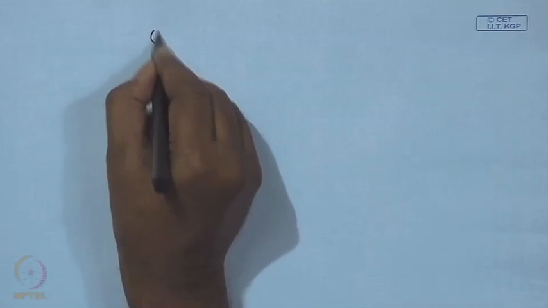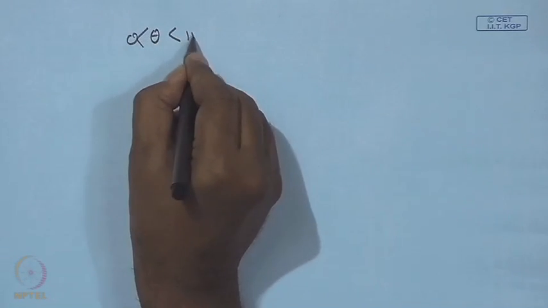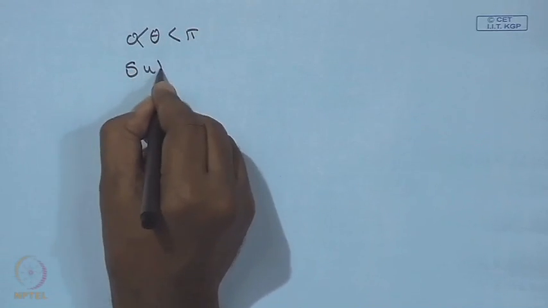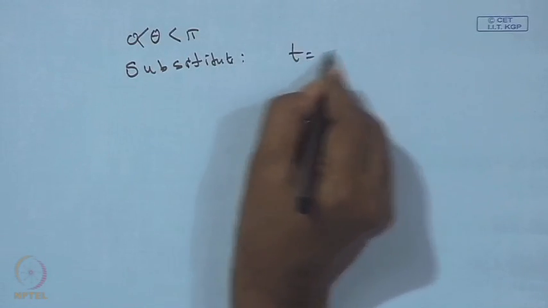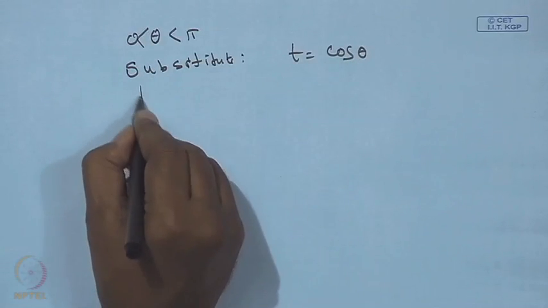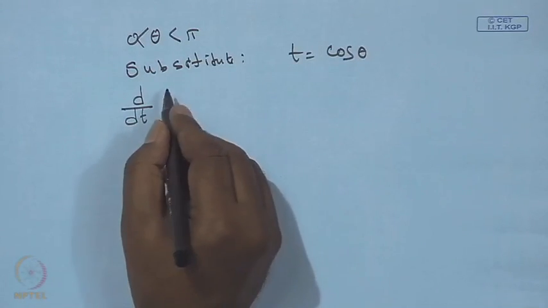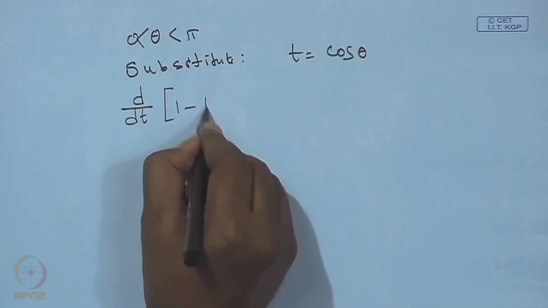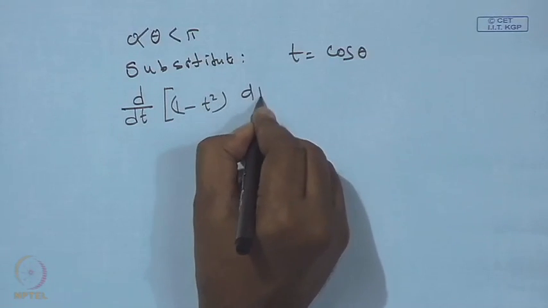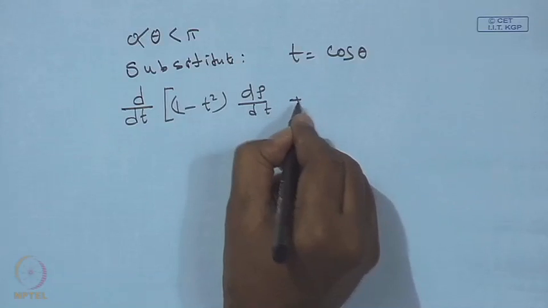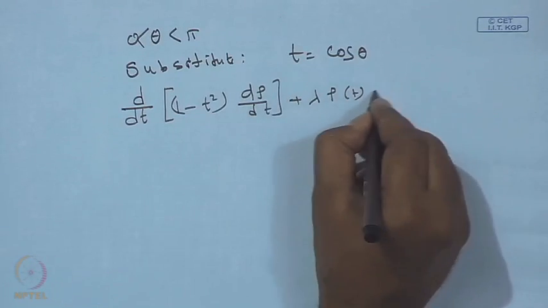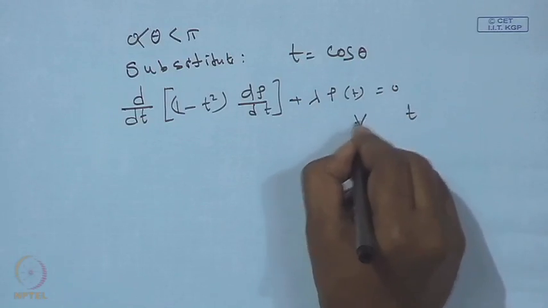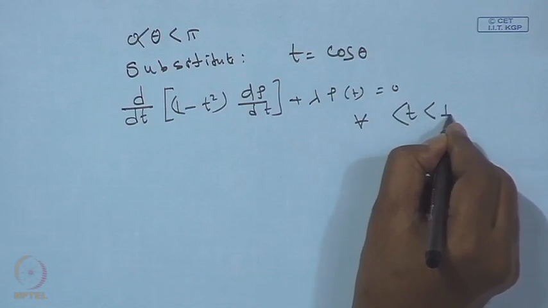Now, let us solve this theta varying part. Theta varies from 0 to pi, and we substitute t equal to cosine theta. If we do that, the theta varying part becomes d dt of 1 minus t square dP dt plus lambda P equal to 0, for t varying from minus 1 to plus 1.